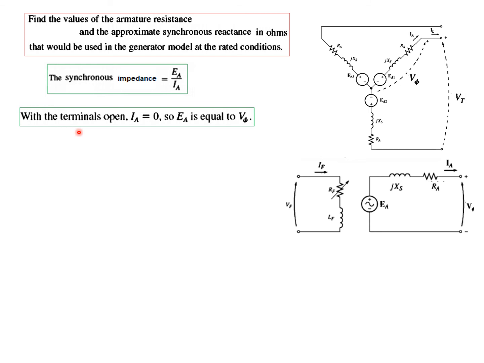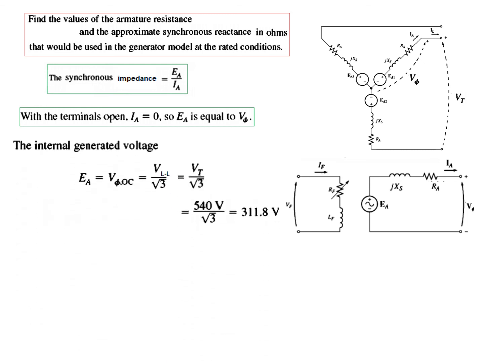Now with the terminal open, IA is 0. When no load is connected, the circuit is not complete. Therefore no current flows through this, and therefore there will be no voltage drop across this. So EA is equal to V terminal or V phase.